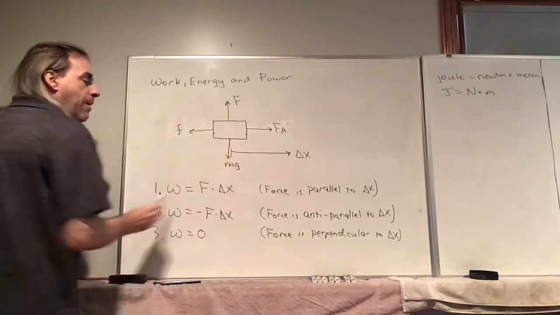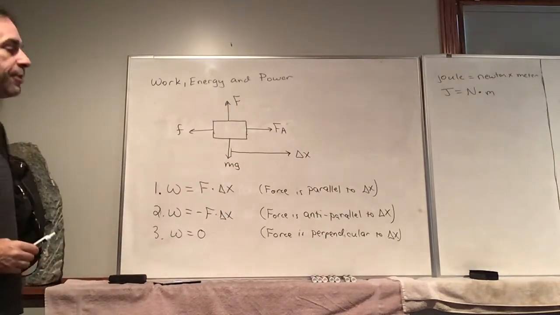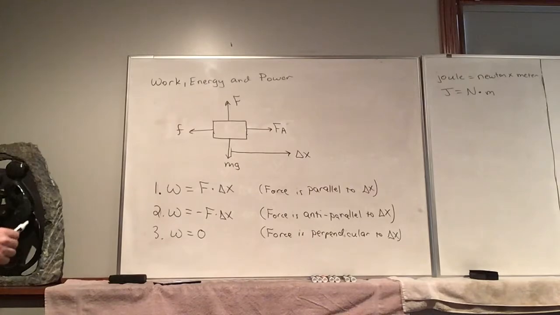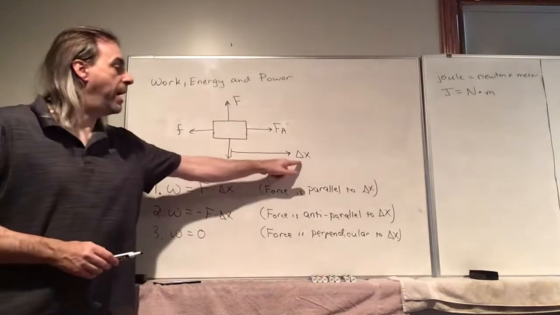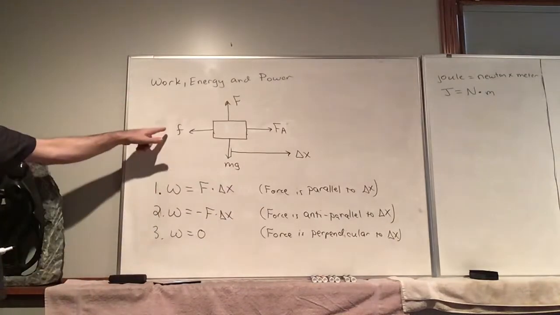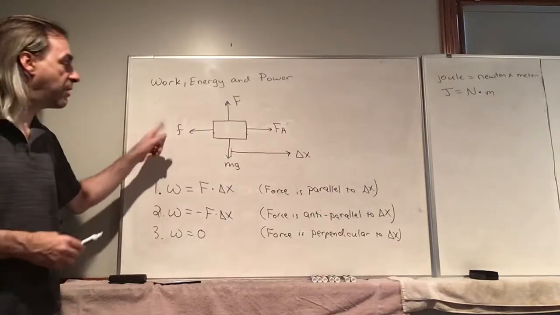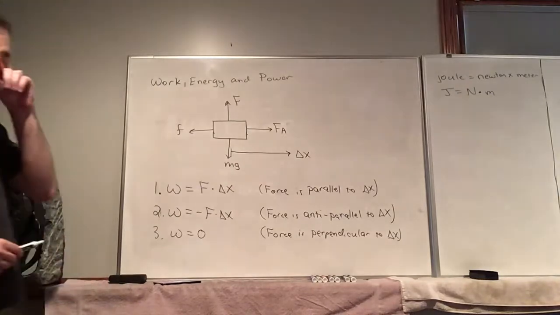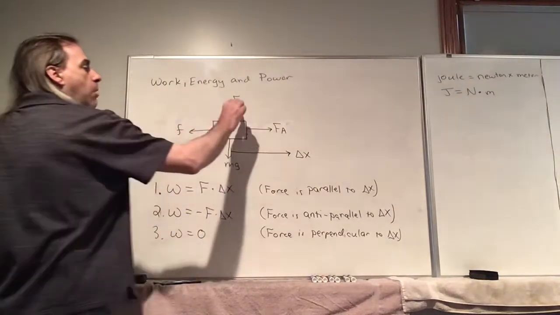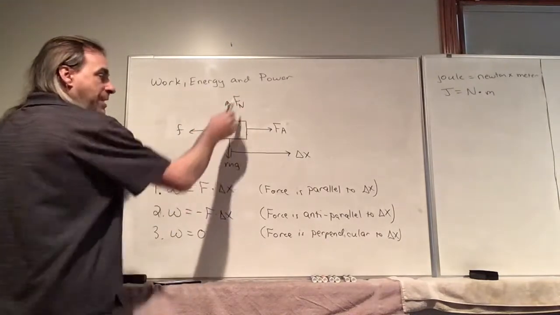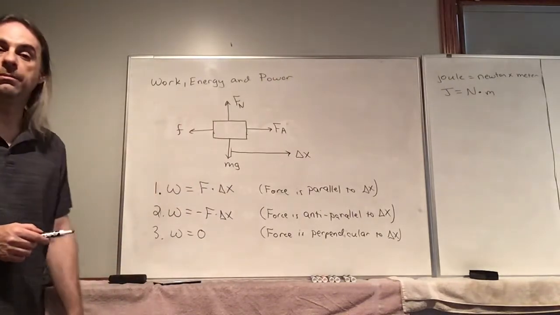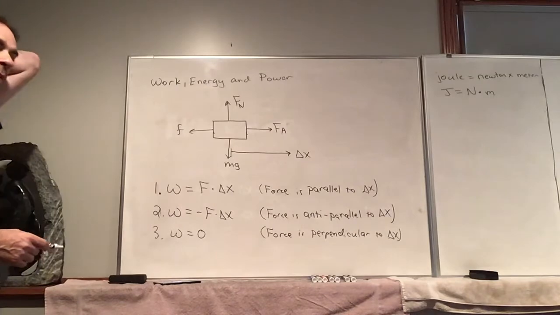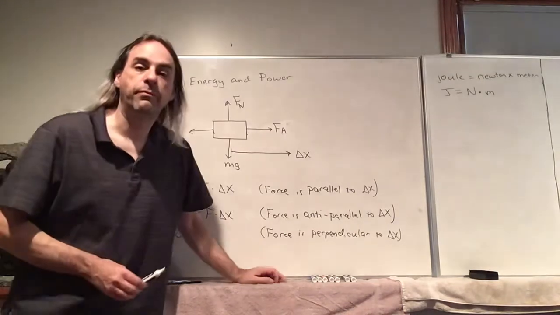And so we can calculate the work due to each of these forces individually. The work done by the applied force would be F delta x. The work done by friction would be minus the friction force times the displacement. The work done by the normal force is 0, and the work done by gravity is also 0 because they're perpendicular. And these are the only three cases we need to consider.